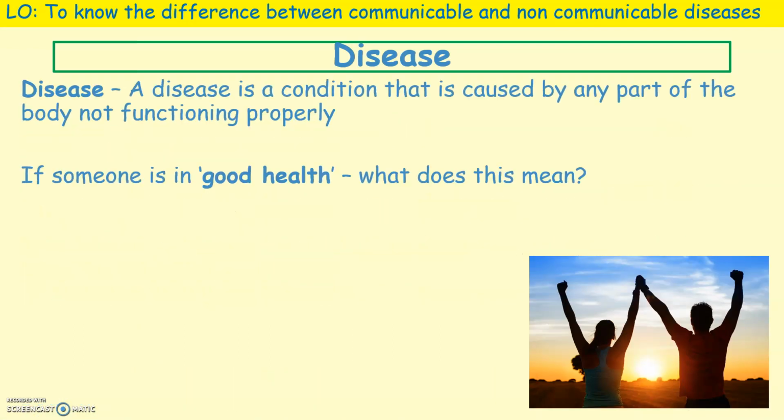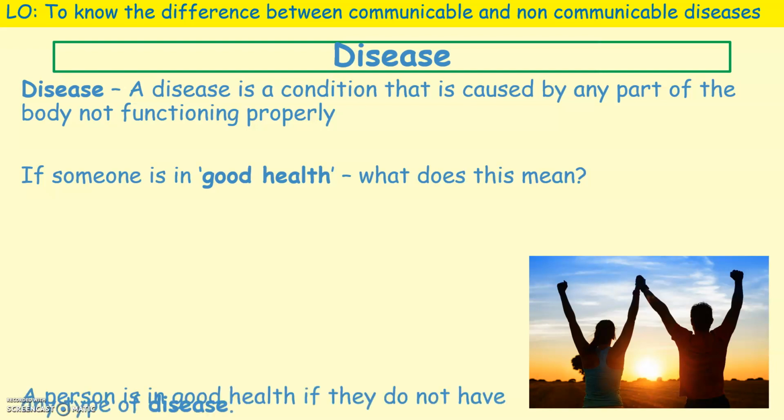So that will bring us to the term disease. What do we mean by disease? So a disease is a condition that is caused by any part of the body not functioning properly. So if someone is in good health, what does this mean? If someone is in good health, what does it mean? Excellent.